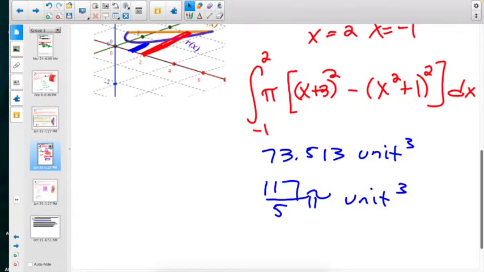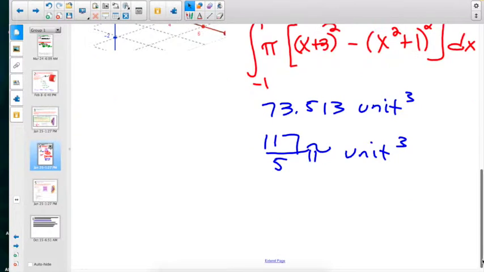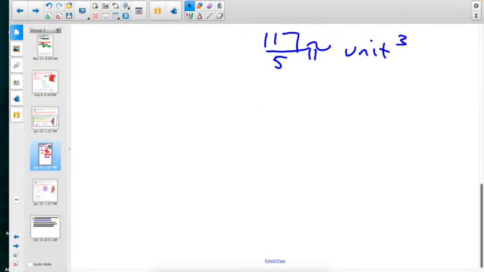Okay. So our next task then is, and I'll give you a second to get caught up, is that up enough? I'm getting the notes down. The next task then is to take this same shape and revolve it around a different line.